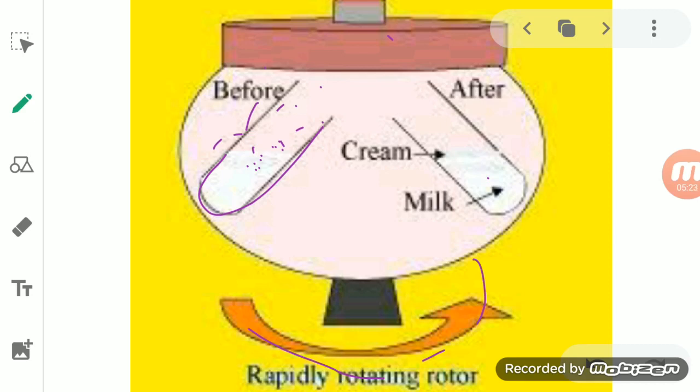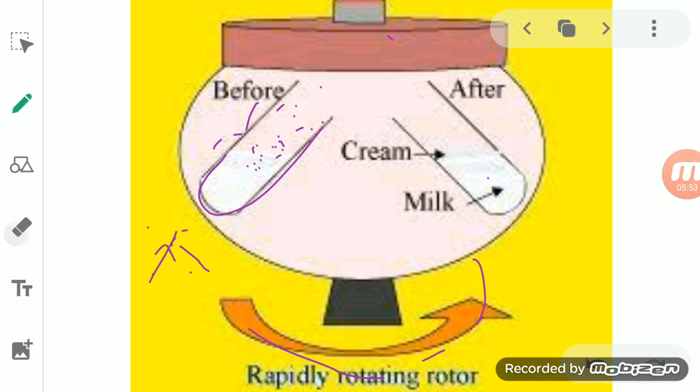So basically, when centrifugation occurs, the small particles which are very far away from each other start moving towards each other, and they coagulate, due to which they become heavy, and as they become heavy, they settle down to the bottom of the test tube.